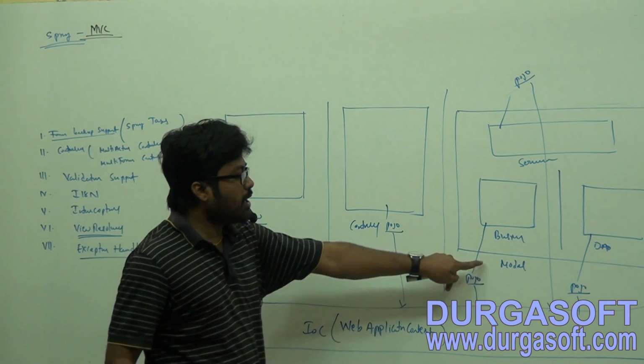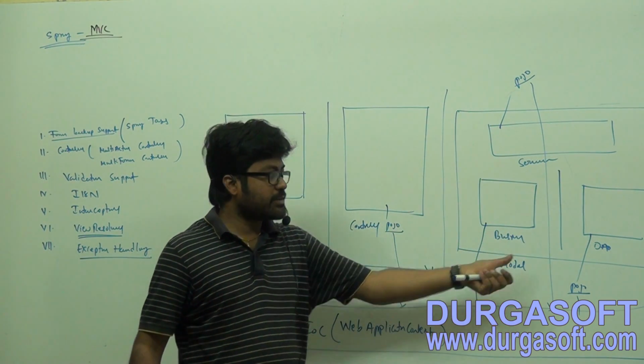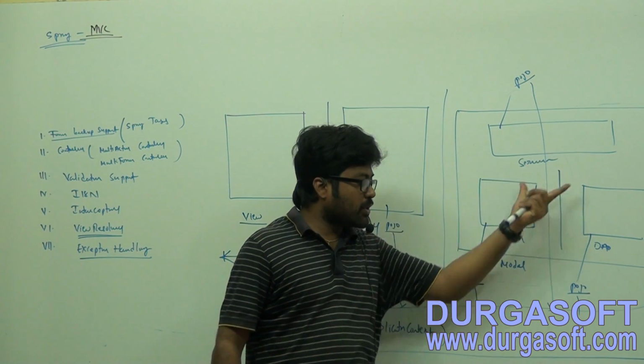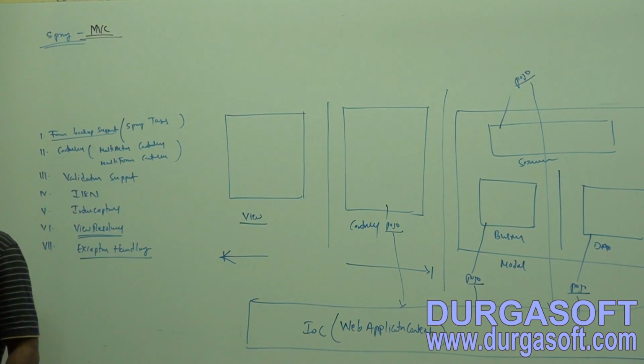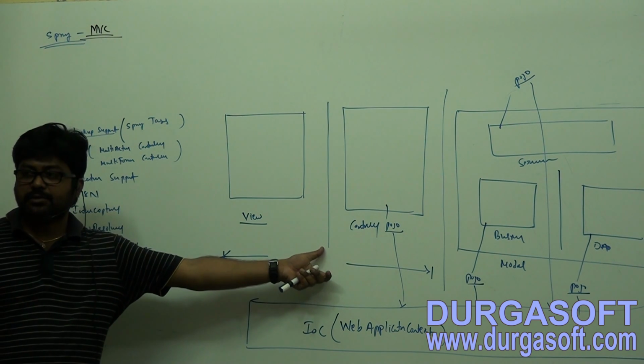The remaining model layer classes are simple POJOs only, right? Business classes, DAO classes and services classes. So these POJO classes you can execute on this web application context container, similar to your application context container, along with your controller classes.